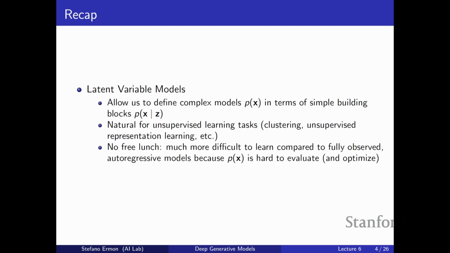What we've seen is that there is no free lunch: the price you pay is that these models are more difficult to train. It boils down to the fact that evaluating likelihoods is expensive. Evaluating p of x is expensive because you have to essentially check all the possible values of z that could have generated that data point x.